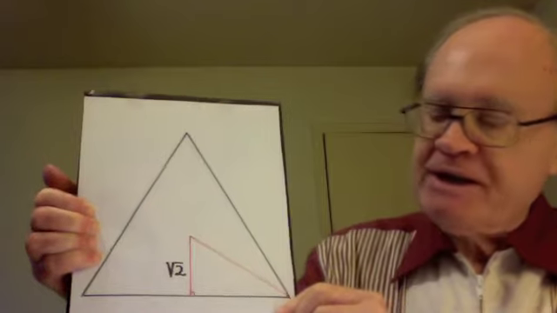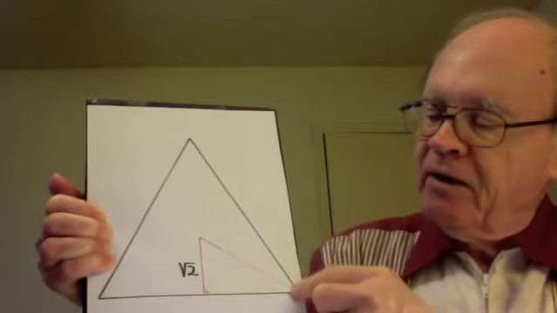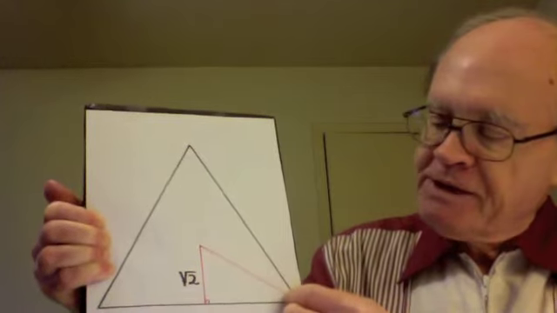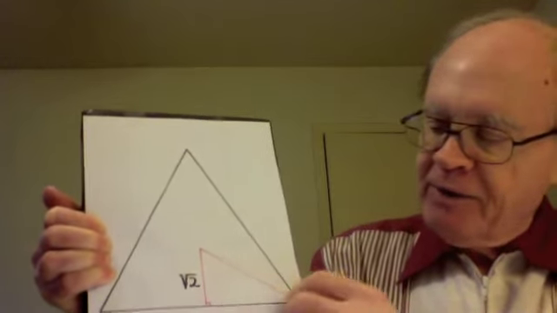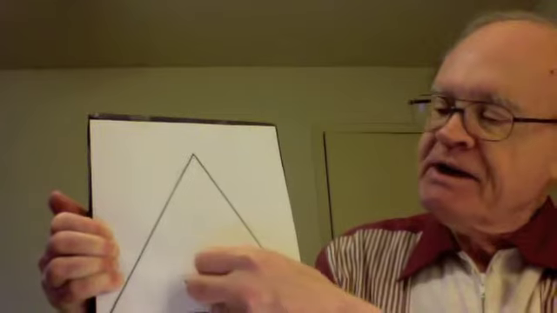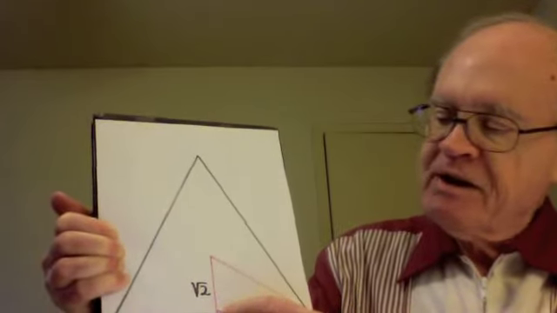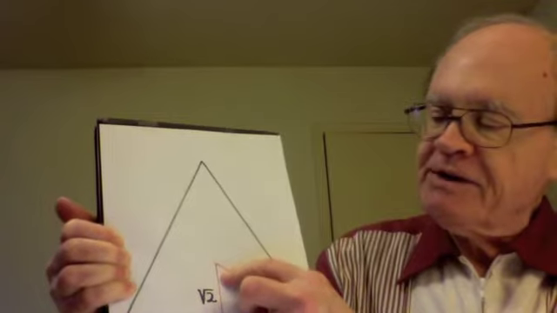This is a 30-60 right triangle, the triangle shown here, because this angle of the large equilateral triangle is 60 degrees. This splits it in half. That's 30 degrees. This is a right angle. This is 60 degrees.